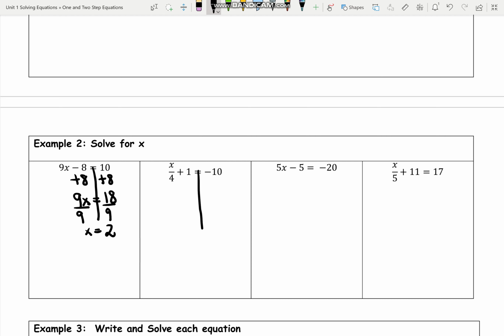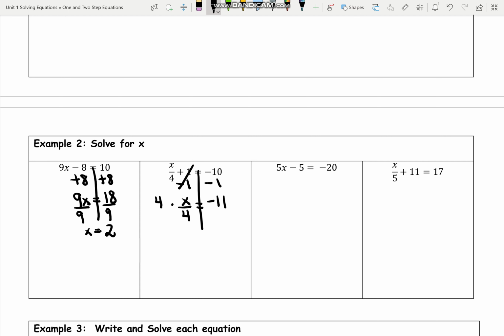So over here on my next problem, and pause the video at any time to try these problems on your own first. I'm going to start off this problem by subtracting 1 from both sides. I get x divided by 4. Negative 10 minus 1 is negative 11.